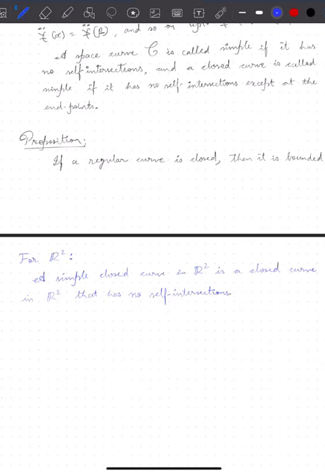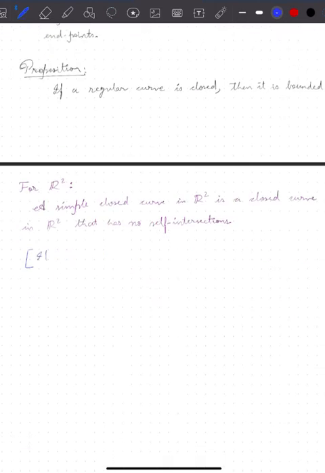And these are all a special case of a standard result of the topology of R2. This is called the Jordan curve theorem.